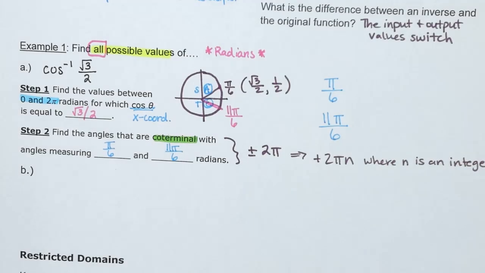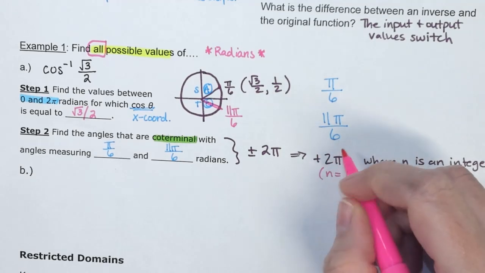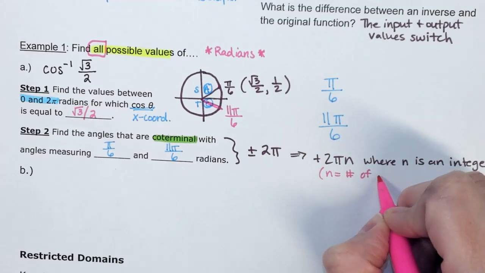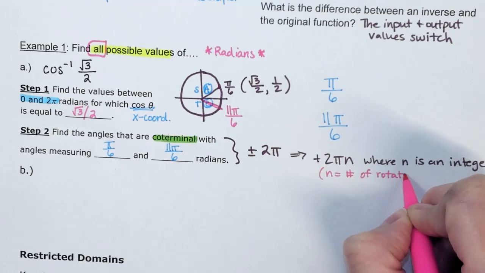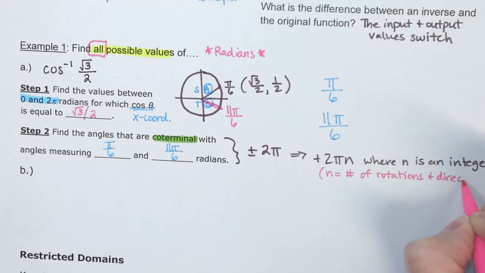Okay, so we do plus 2 pi n, where n is an integer. And n is going to represent the number of rotations and your direction. Okay, so there's an infinite amount.